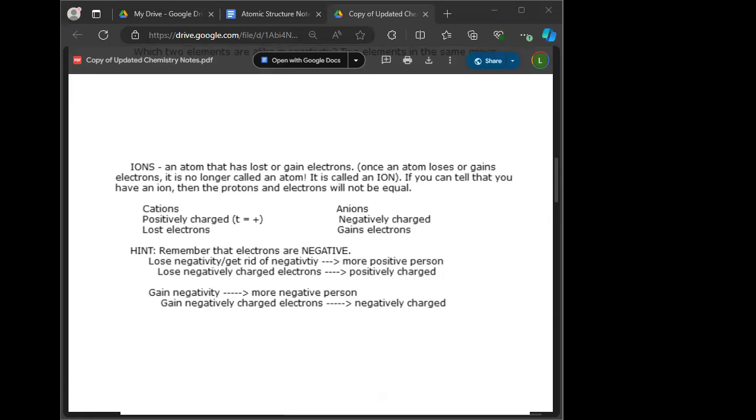An ion is an atom that has lost or gained electrons. Keep in mind that all atoms want to get to 8 valence electrons. That's their goal. So in order to get to 8, they might have to lose electrons or gain electrons.